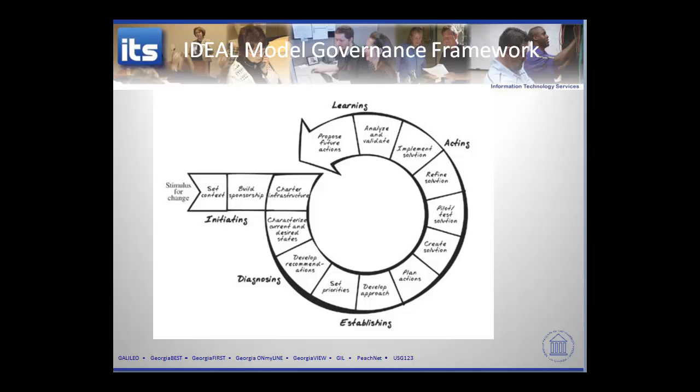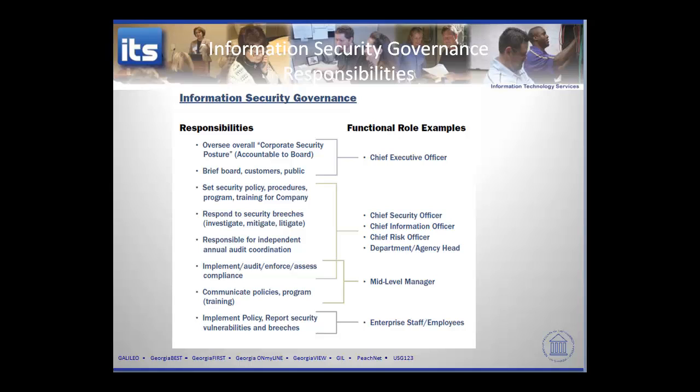All right, let's look at one last thing, and this talks about within information security governance what those general roles are. And you can see there's some overlap in terms of what those roles are. But if you start at the top with the Chief Executive Officer, the CEO, they're accountable to the board.